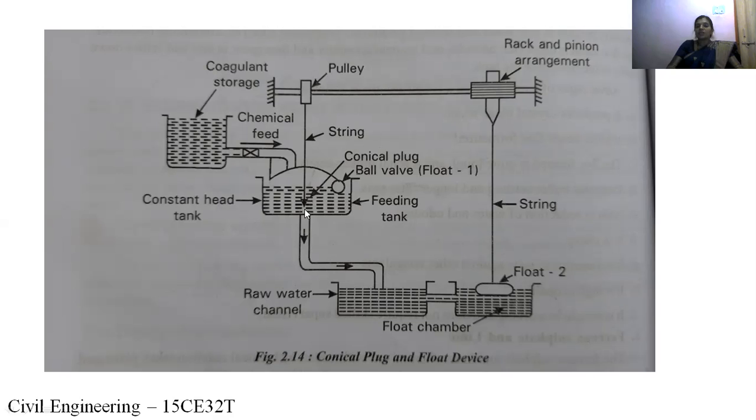As a result, here what happens, in the raw water channel, the water level decreases. So this float comes down, this plug will be going up and closes the mouth of the influent channel of chemical feed, and the coagulant feeding goes to the raw water chamber.